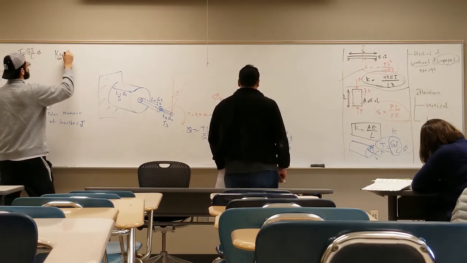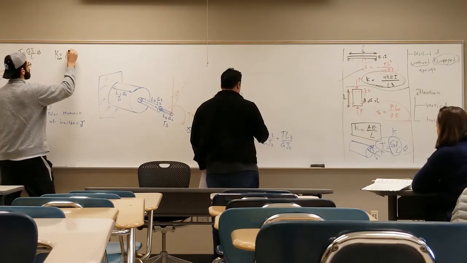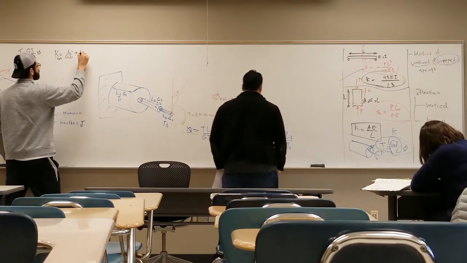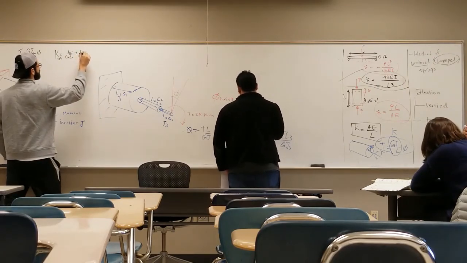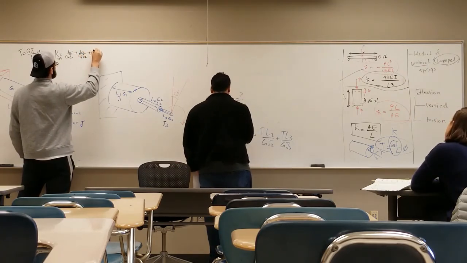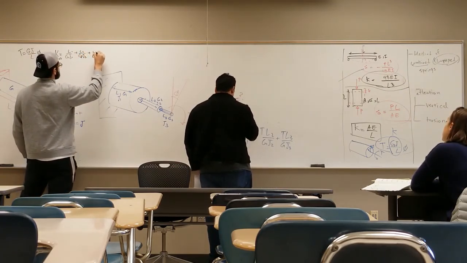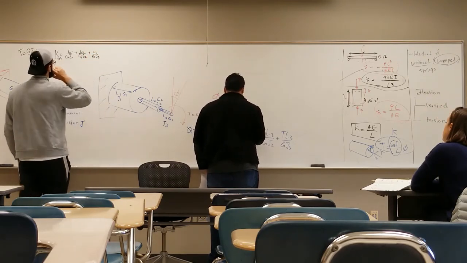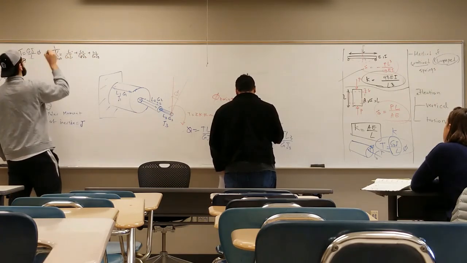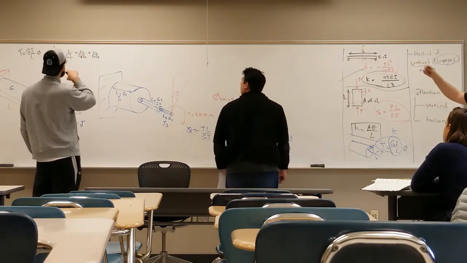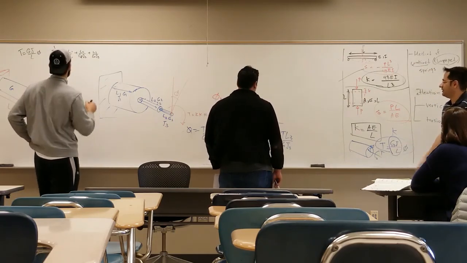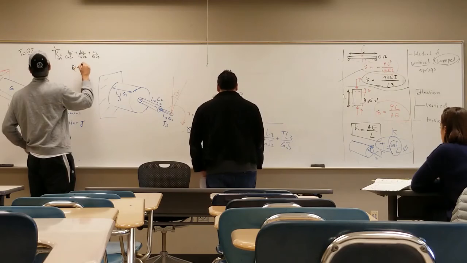So when we had the springs in series, what did you do to find the spring constant of the total? 1 over K total is 1 over K1, which is L1 over G1 J1, plus the others.